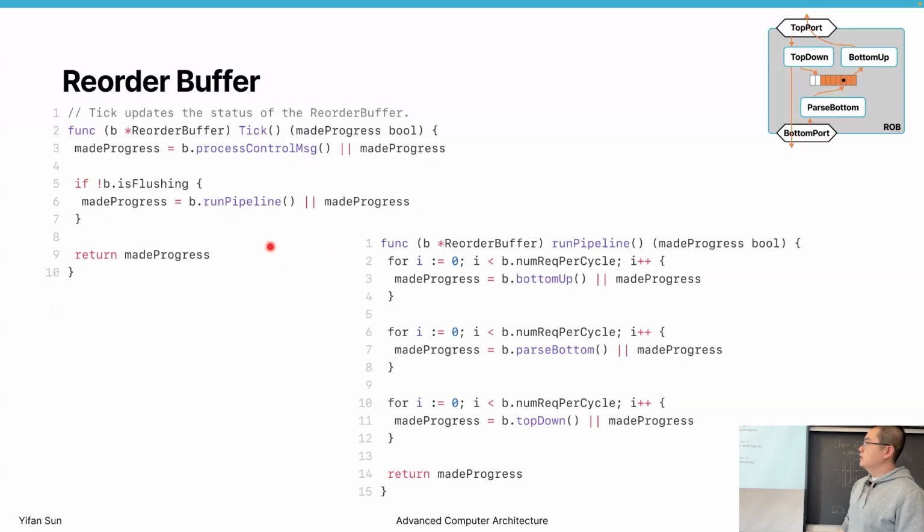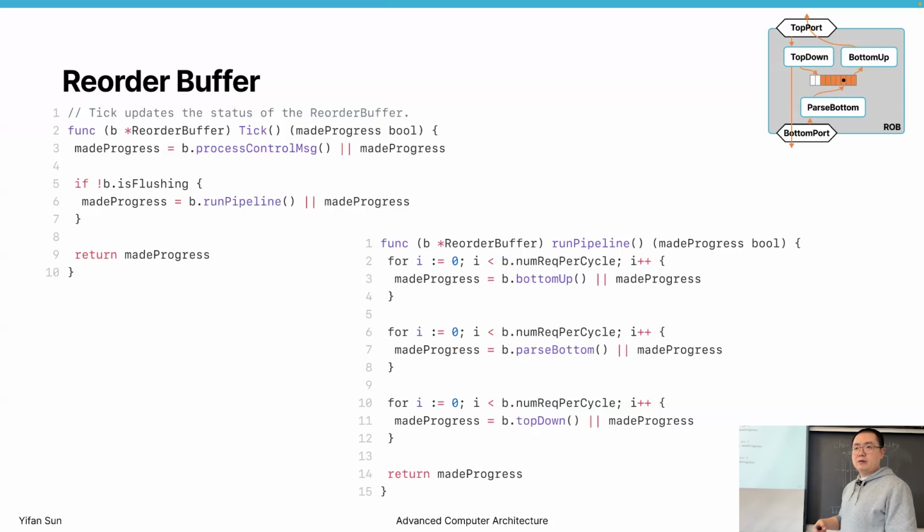Okay, so let's see the tick function. We don't have middleware here, just the tick function. In the tick function, other than processing control messages, we do flush. If it's not in a flushing state, we run the pipeline. The pipeline itself is a regular execution. Within run pipeline, we do this. Number of requests per cycle is how many requests you can process in each cycle.